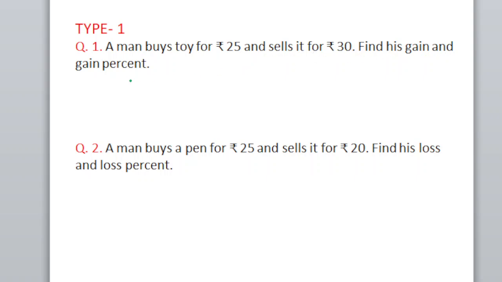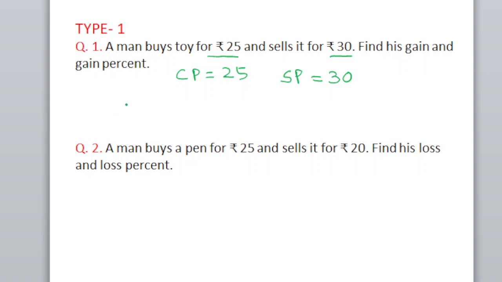Find his gain and gain percent. Now here, buy means this is your CP, and sell means it is your SP. Now here, CP is equal to 25 and SP is equal to 30. So as here the SP is more than that of CP, so there is a gain.